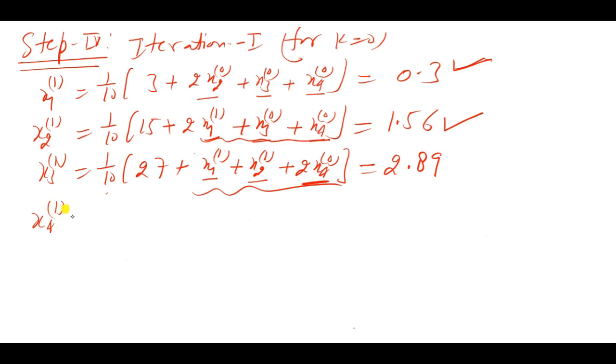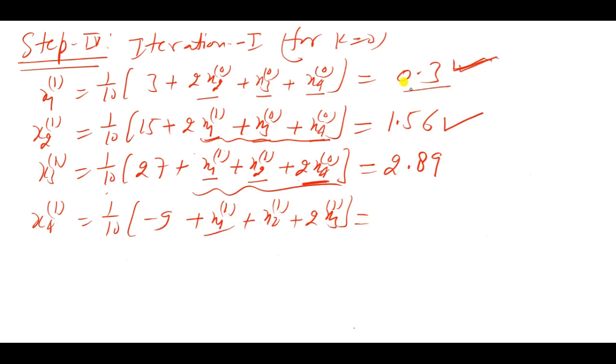Now x4^(1) is equal to 1 by 10 (minus 9 plus x1^(1) plus x2^(1) plus twice x3^(1)). With x1^(1) computed in this iteration as 0.3, x2^(1) as 1.56, and x3^(1) as 2.98, substituting these values and simplifying with the calculator, it will be negative 0.136.